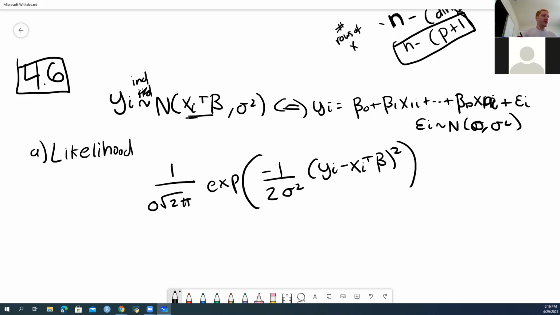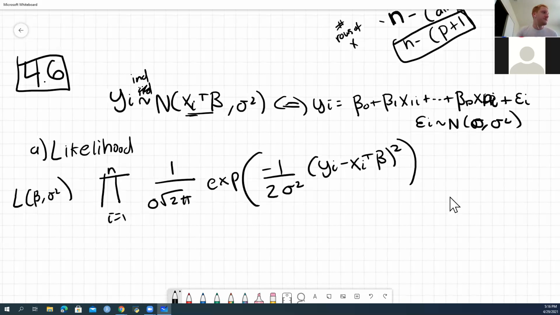Okay. And then the likelihood is just the product over i equals 1 to n. It's really easy. So this is the likelihood for standard linear regression.